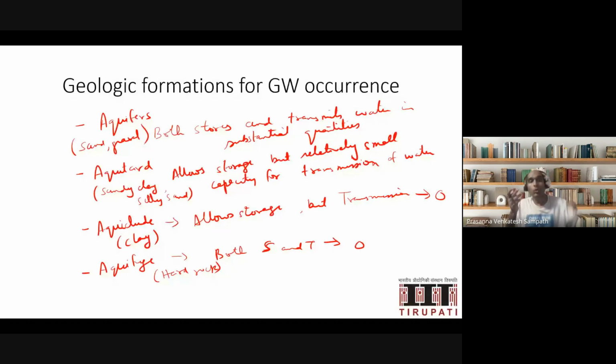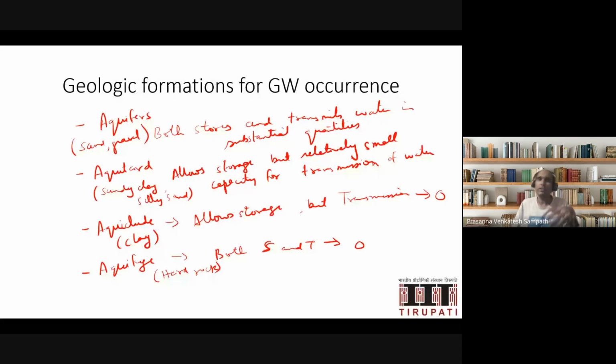But if you go to maybe Uttar Pradesh or Bihar or anywhere in the Indo-Gangetic plain, which has nice sand and gravel aquifers, there even a little bit of clay, and you will say, hey, this is an aquitard or aquiclude or something like that. So these distinctions between different types of geological formations, or how you classify them, totally depend on the local context.